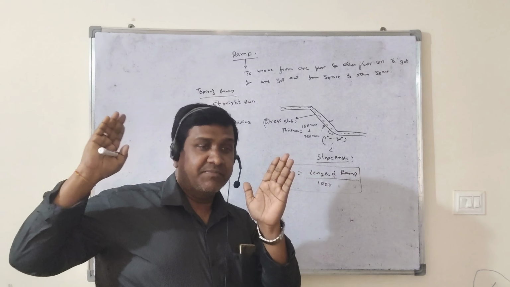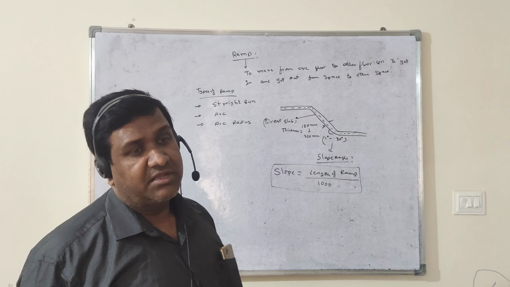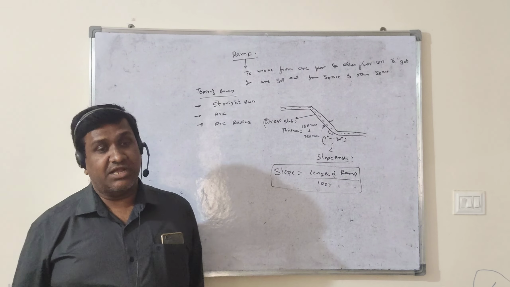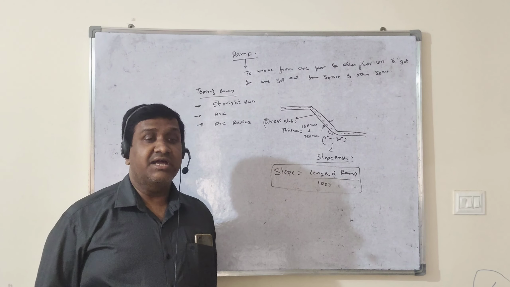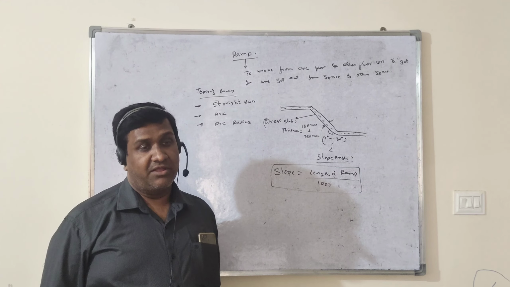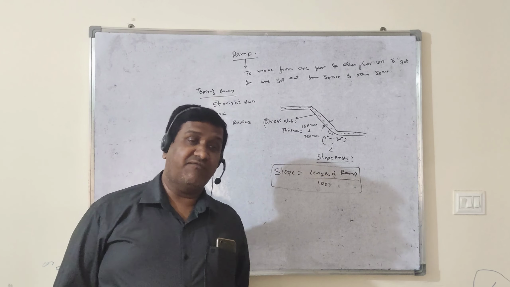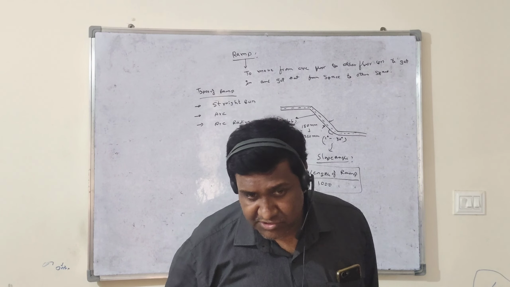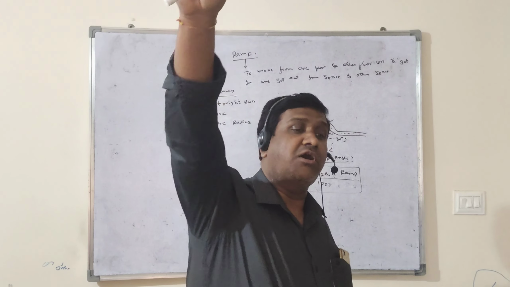If the length of the ramp is, say, 1500, then 1500 divided by 1000, how much is it going to become? 1.5. That 1.5 is the starting value of the ramp slope, a 1.5 degree angle. Means the ramp is going to start from a 1.5 slope to the top of the floor.